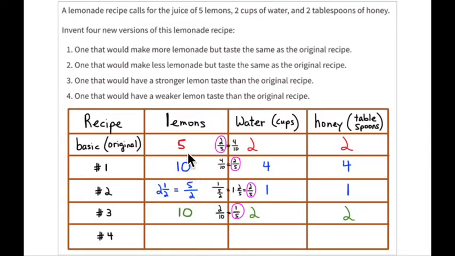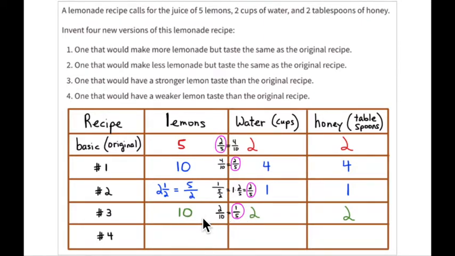I'm going to start out in both cases with 10 lemons, but for the amount of water, I'm going to use half the amount of water for recipe number 3. So 4 times 1/2 is 2. So I'm using less water for the same number of lemons.